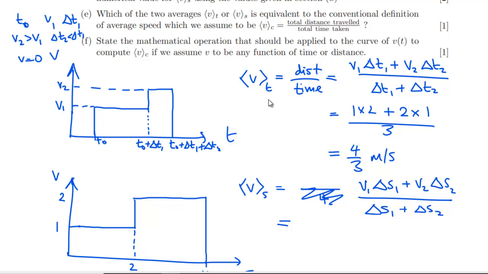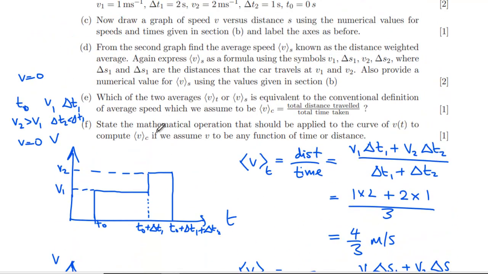Right, and then put the numbers in: 1 times 2 plus 2 times 2 over 4, which is 2 plus 4, 6 over 4, 3 over 2 meters per second. Right, the hardest part of this question is being able to read the questions and look at the answers. That part was a bit more tricky.